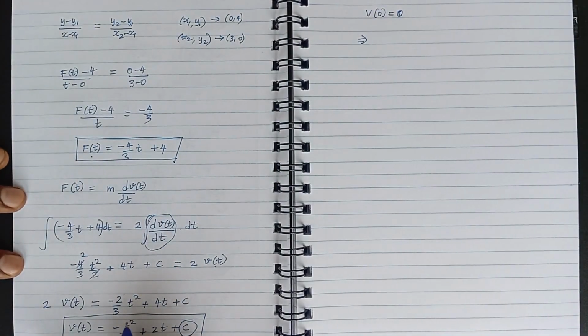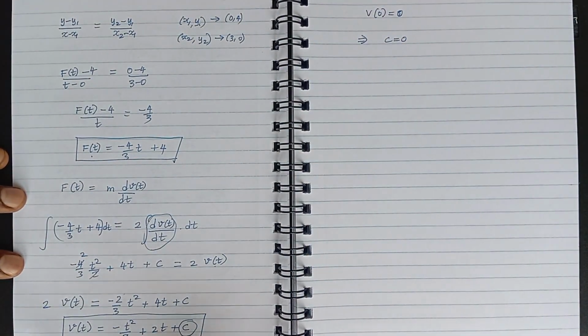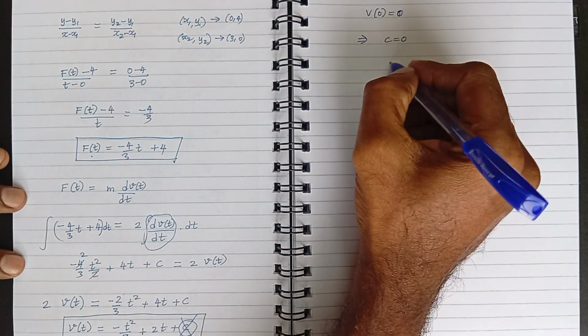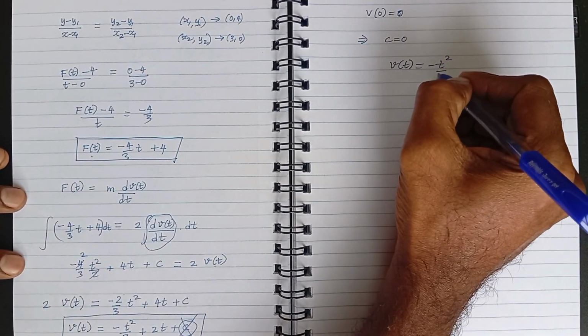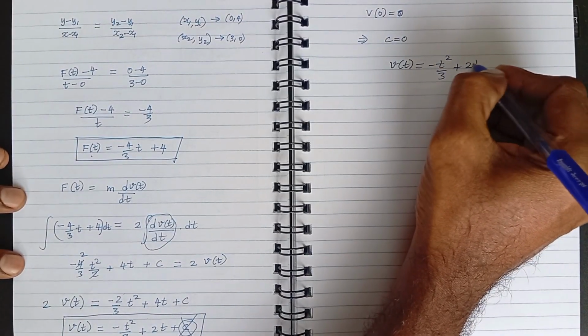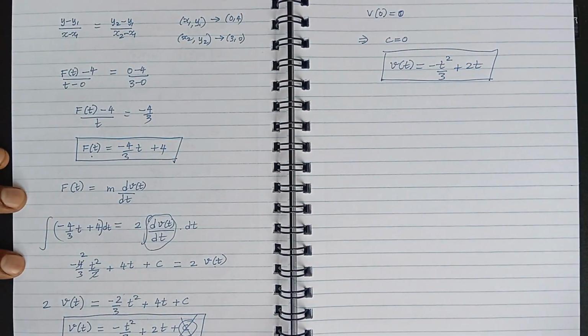So what happens, this is 0, this is 0, all that remains is c equal to 0, right? So basically this term vanishes from this equation. So all that remains is v of t equal to minus t square by 3 plus 2t. This is our final velocity function. Velocity is a function of time.